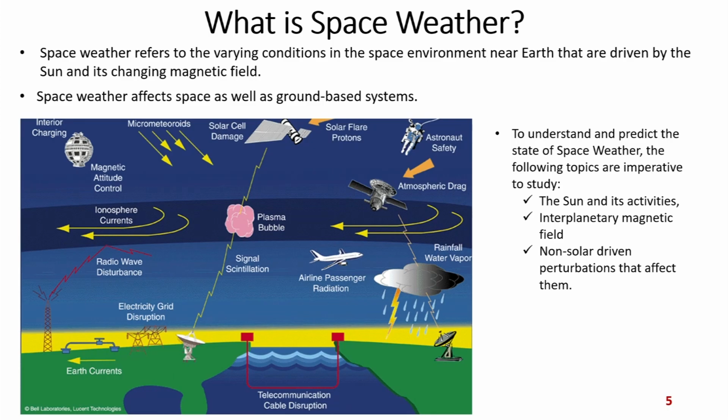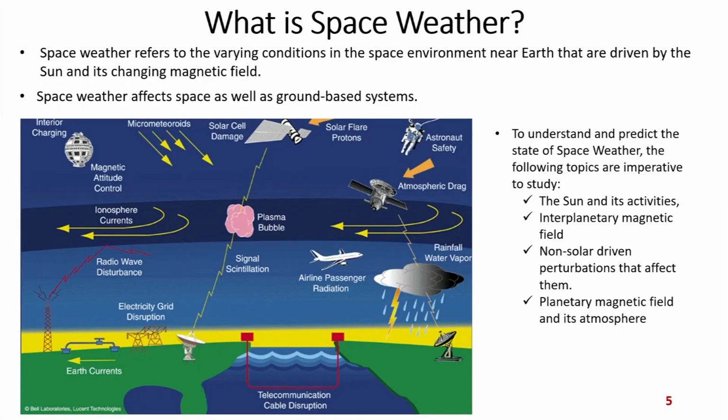Then there are some effects called non-driven perturbations, which are non-solar, like galactic cosmic rays and atmospheric drag. Of course, atmospheric drag is also a function of solar activity. When solar activity is at maximum, the atmospheric drag increases.